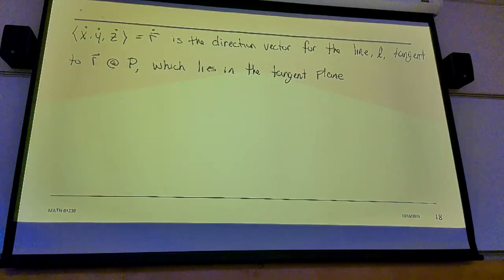So I'm going to actually reword that. It lies in the plane that is tangent to our surface at the point.